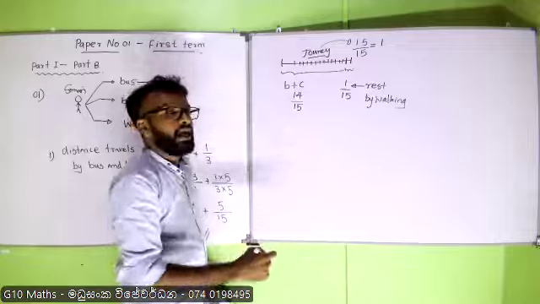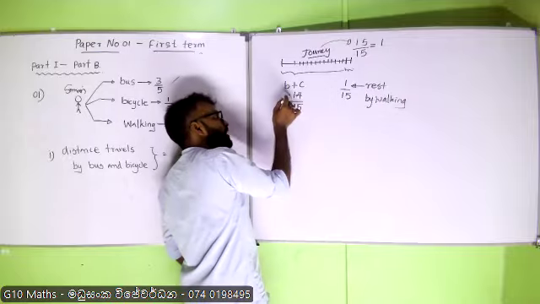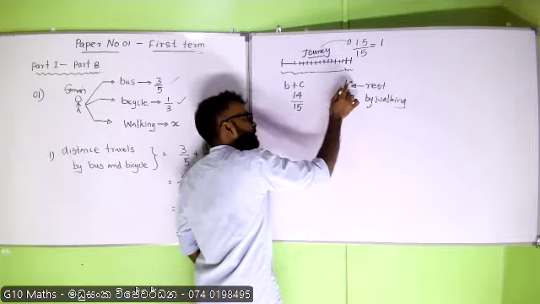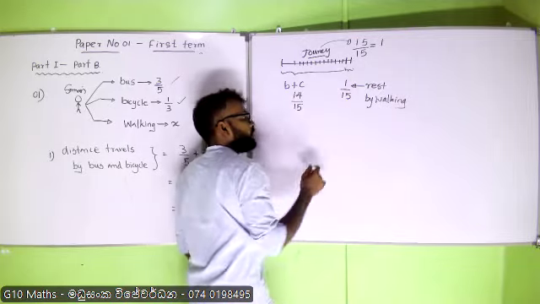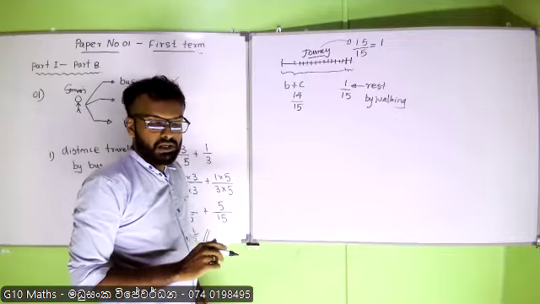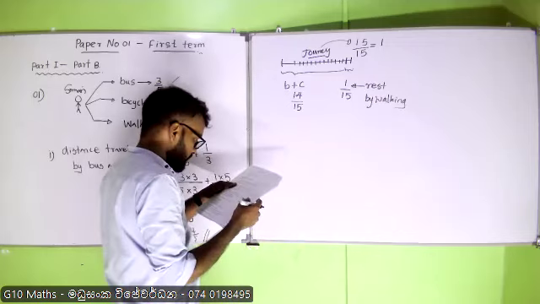That total journey has been divided into equal 15 parts. Out of those 15 parts, 14 parts have been traveled by bus and bicycle. One part is remaining as rest, that is by walking. This is the story you need to understand.